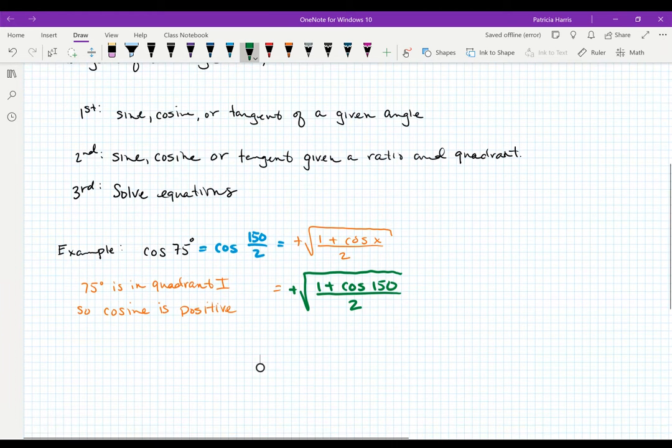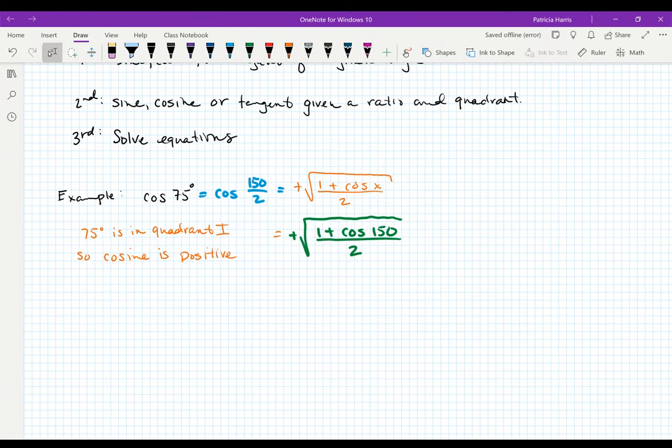All right. So we either look on our unit circle or we remember that cosine of 150 is negative radical 3 over 2. Okay, so now we've evaluated everything. We've applied our formula.